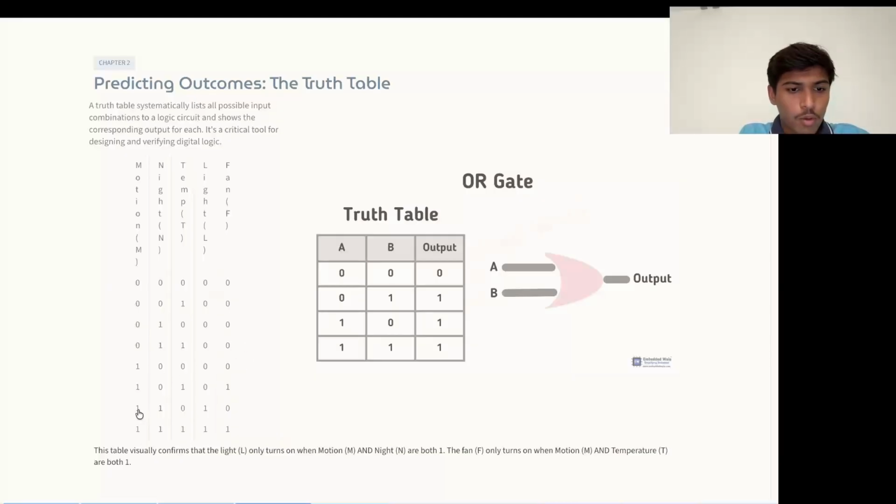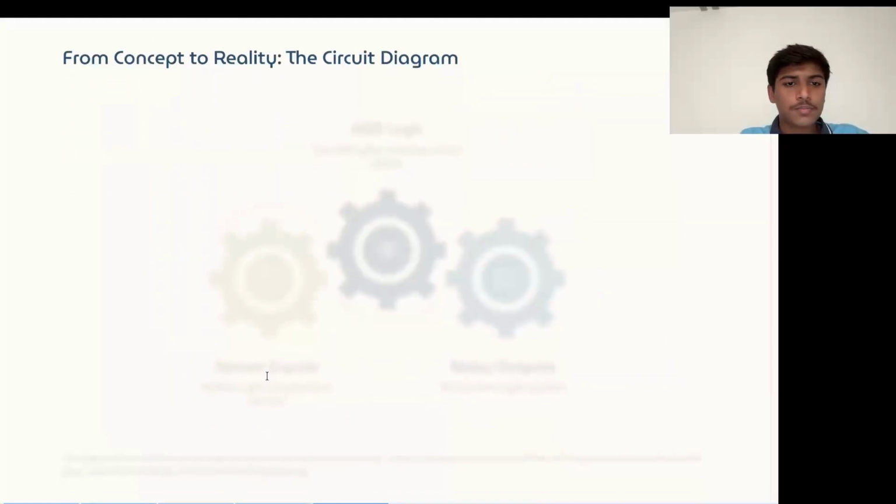But when both are 1 and 1, that gives us output 1. Here motion is equal to 1, here temperature is equal to 1, and it gives our output as 1. These are the basics: temperature and motion connect to the fan, and night and motion are connected to the lights.